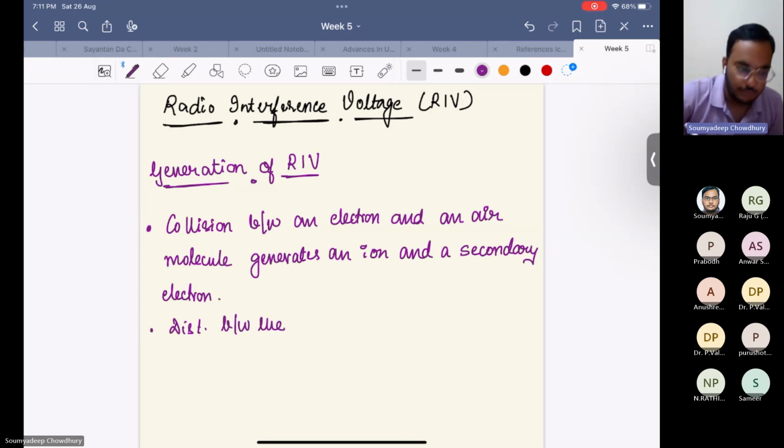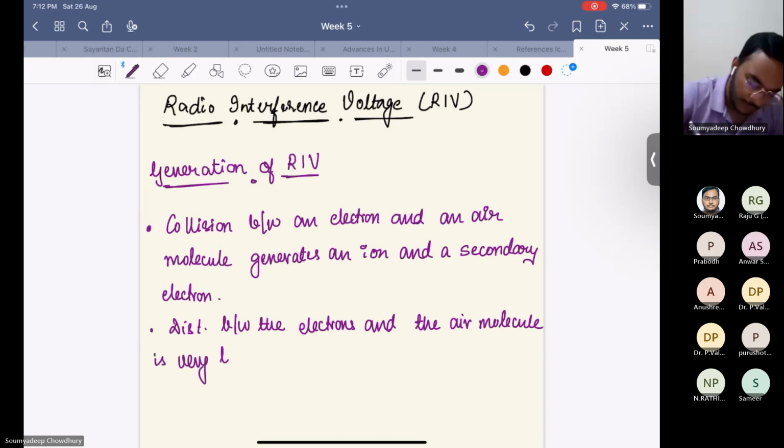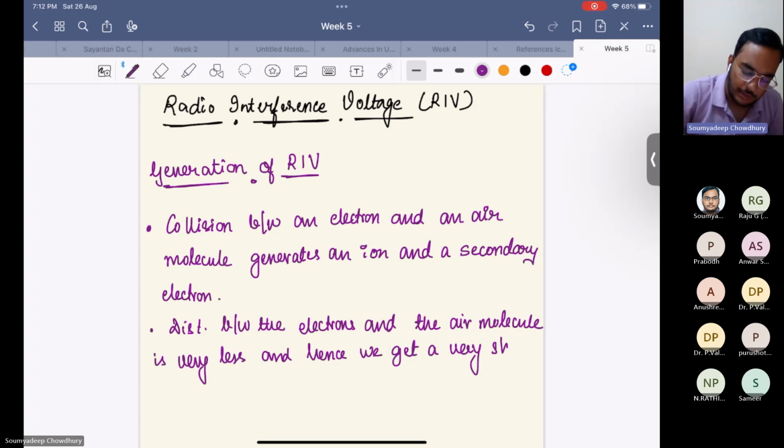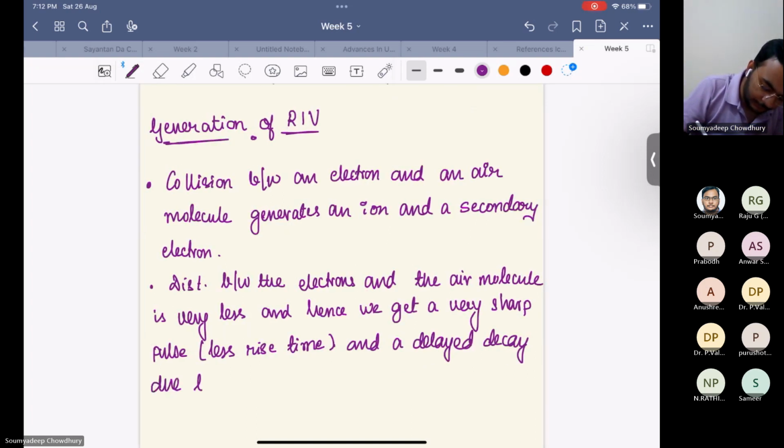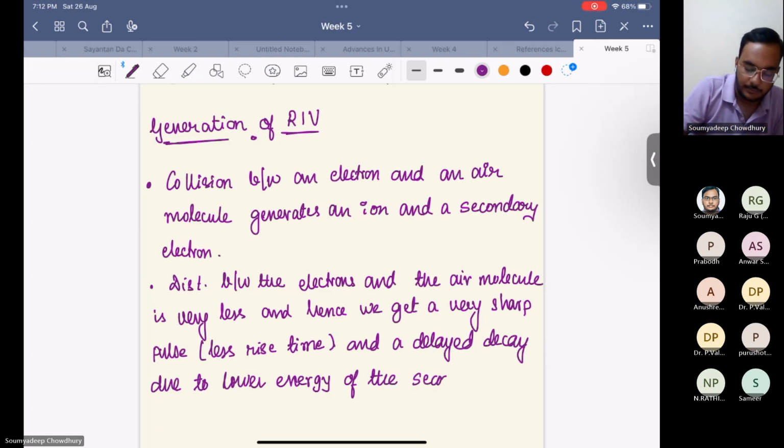The distance between these electrons and the air molecule is very small because of the mean free path, and hence we get a very sharp pulse with less rise time, and there will be a delayed decay, due to the lower energy content of the secondary electron.